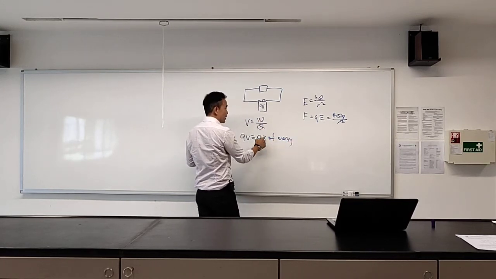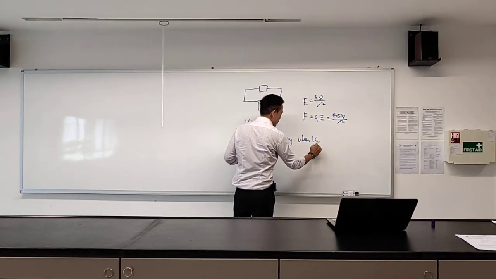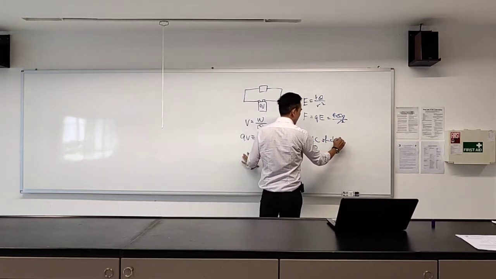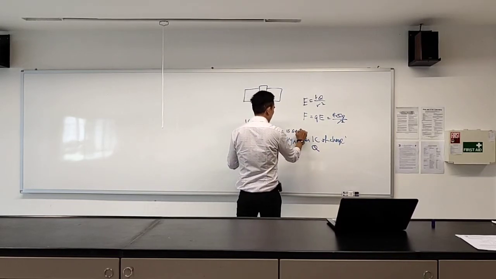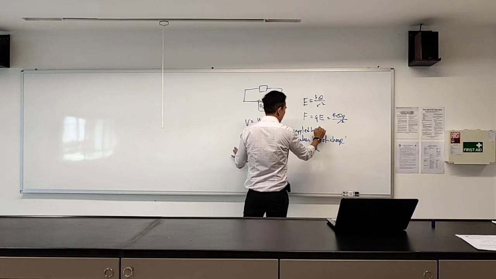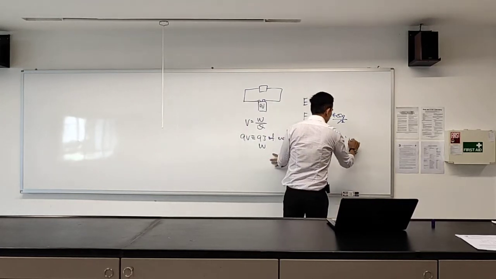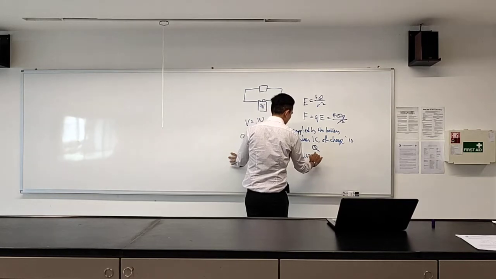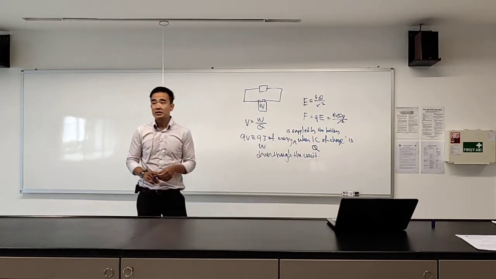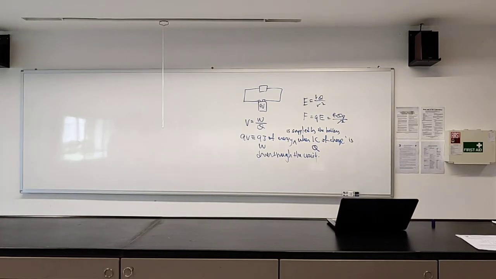The equivalent for this is W. When 1 coulomb, this is your Q, of charge is driven through the circuit, 9 joules of energy is supplied by the battery. So whenever we say volts, you need to straight away link it to energy.